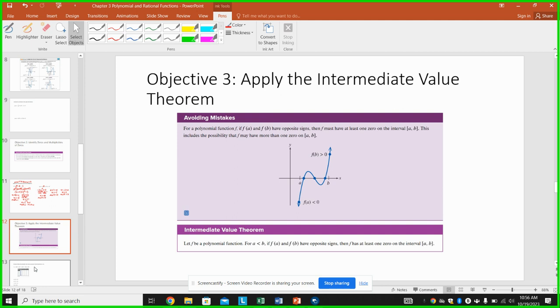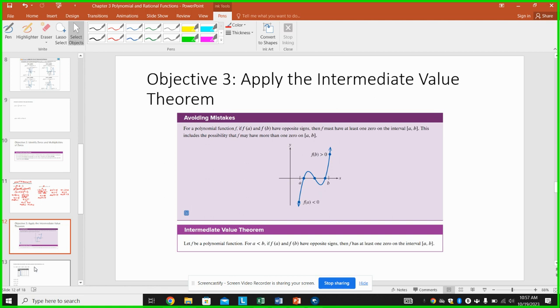So let's look at objective 3, which is applying the Intermediate Value Theorem. What the Intermediate Value Theorem states is if I can plug in a value at one interval endpoint and get a number that's either positive or negative, and then plug in the other endpoint of the interval and get the opposite sign, then at some point it had to be 0.